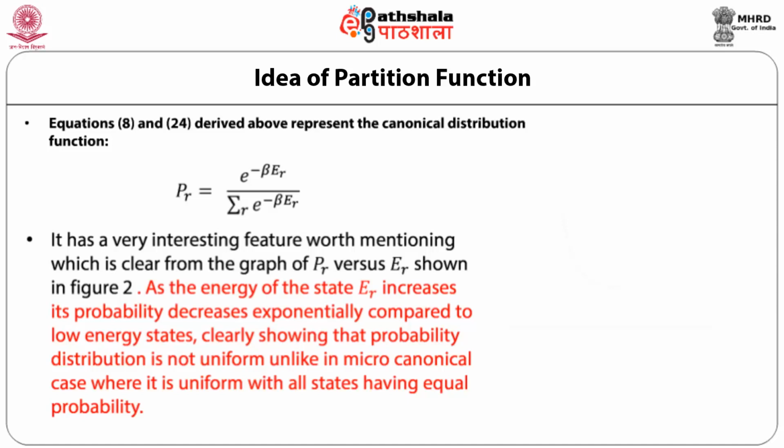As the energy of the state ER increases, its probability decreases exponentially compared to low energy states, clearly showing that the probability distribution is not uniform, unlike in the microcanonical case, where it is uniform with all states having equal probability.